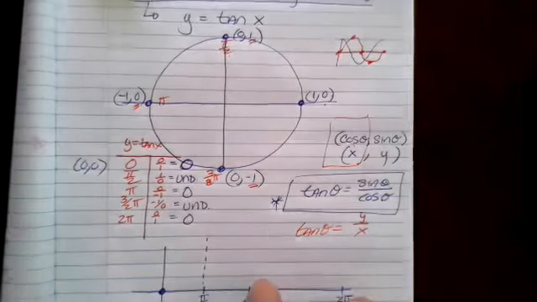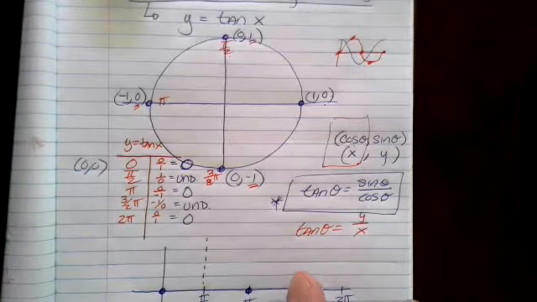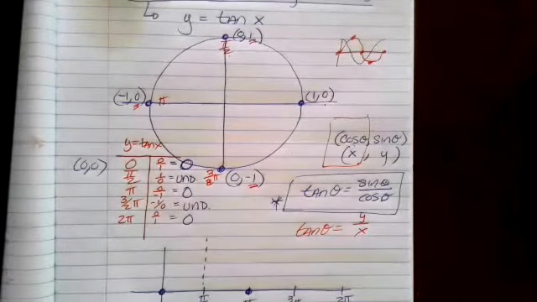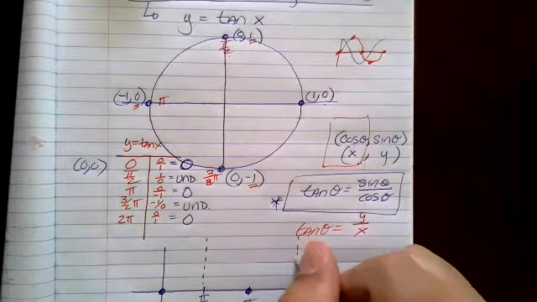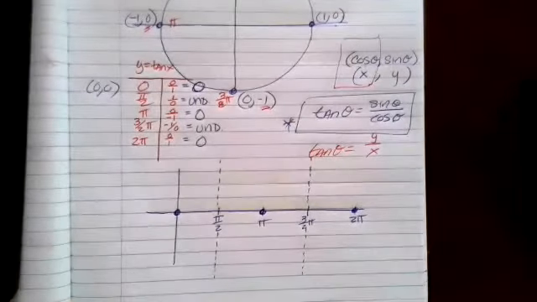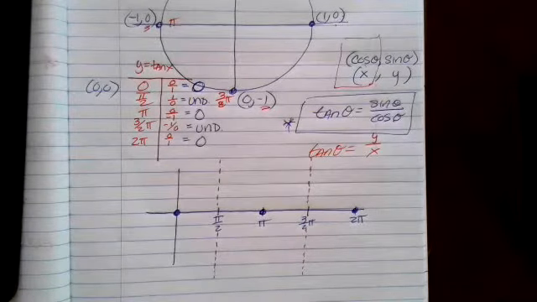And then I have pi and 0. And then I have 3/2 pi, which is undefined, so I'm going to have another asymptote here. And then I have 2 pi and 0. Let me move this up. So I've only been able to really plot 3 points here.